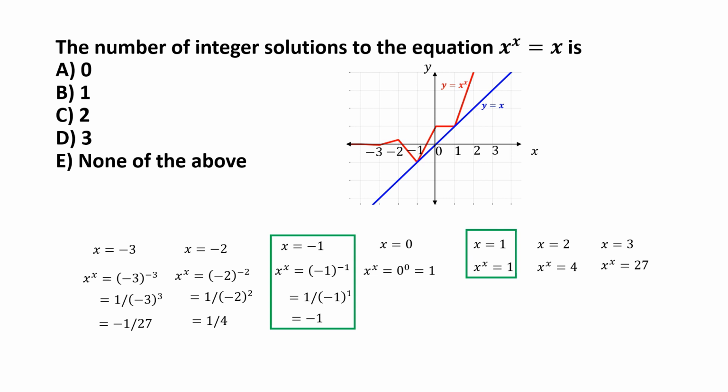So you can see that, like we expected, the red line, which represents the graph of y equal to x to the power x, becomes very low in magnitude and almost aligns itself with the x-axis, meaning it becomes almost 0.